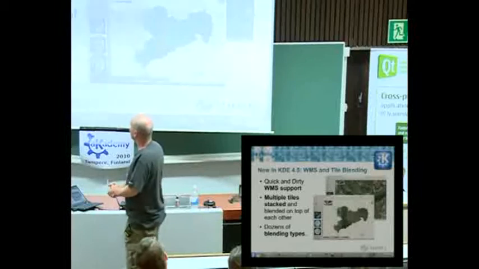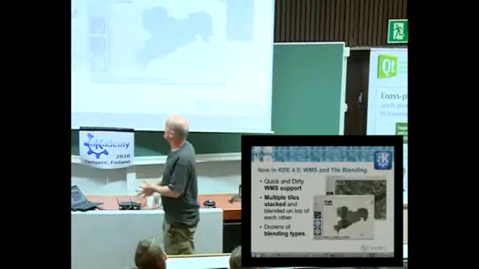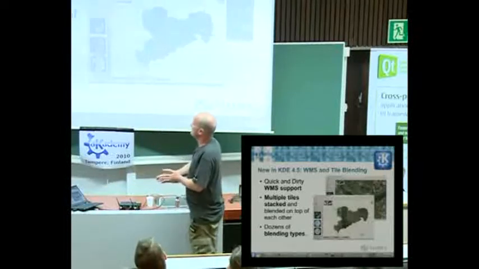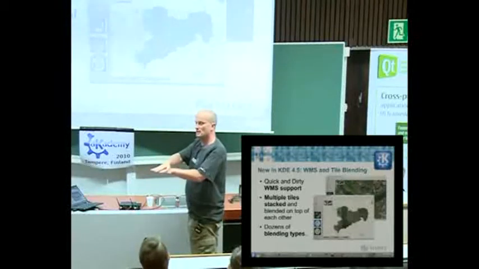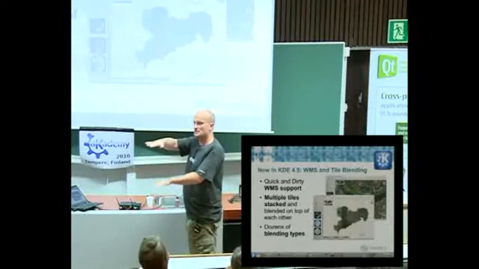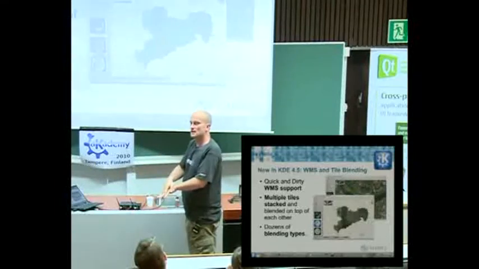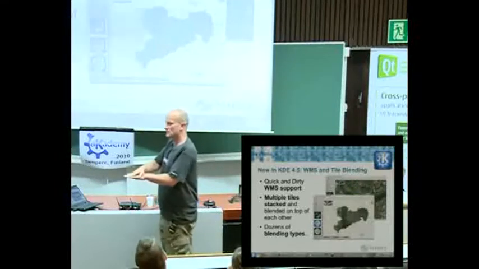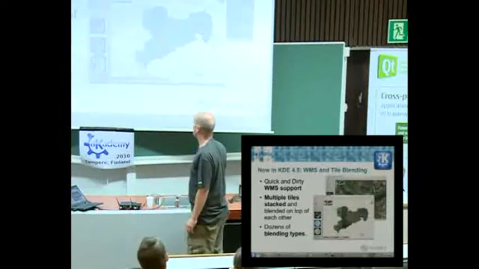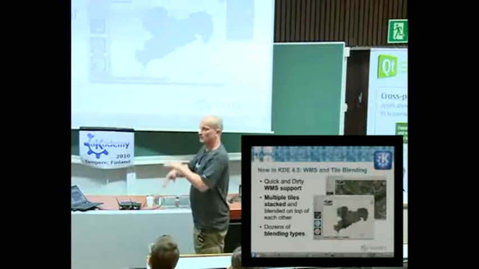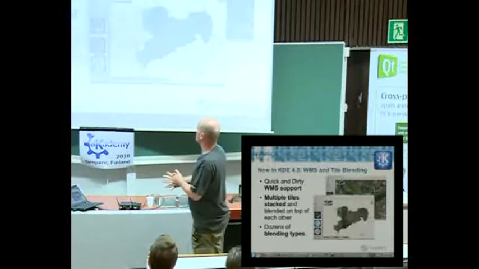And another feature that Jens Michael implemented was multiple tiles stacked and blended on top of each other. So you can now have multiple layers of texture data displayed on top of each other and blended on the fly so that it doesn't reduce performance. So it's still fairly quick if you even use several layers of this data.